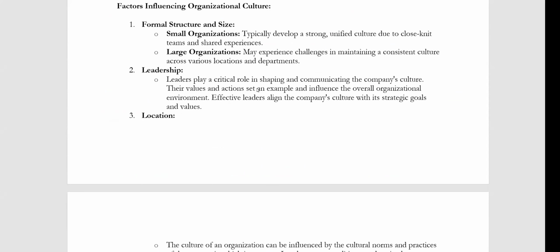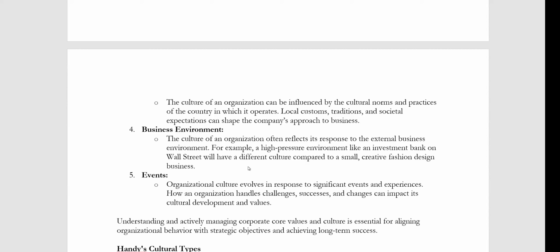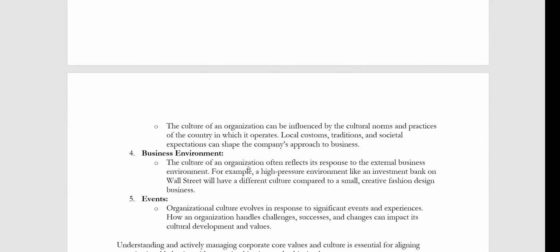Leaders play a critical role in shaping and communicating the company's culture. Their values and actions set an example and influence the overall organizational environment. Effective leaders align the company's culture with their strategic goals and values. The location, the business environment, the events, the office layout, and the type of staff you employ can all influence the culture. You know that, right? All these things are factors that can influence culture.